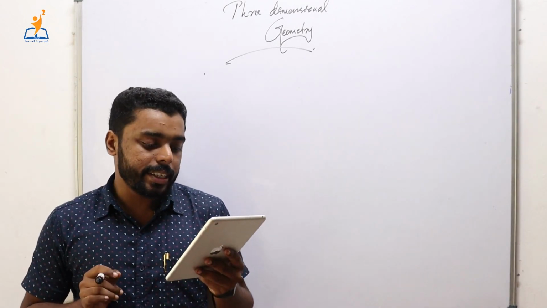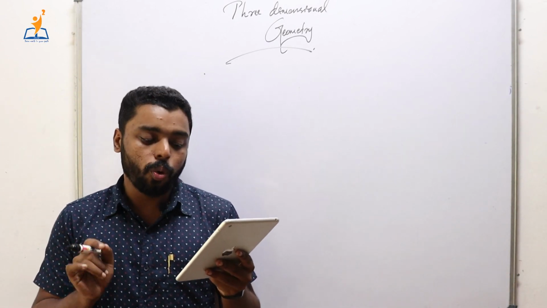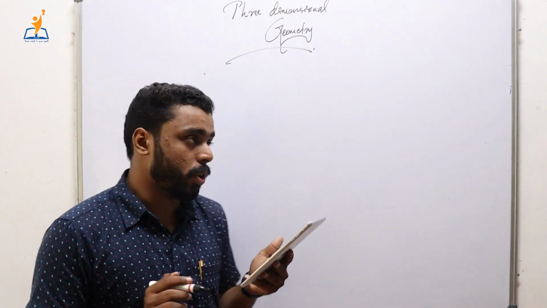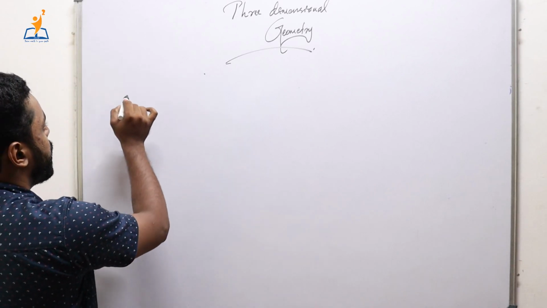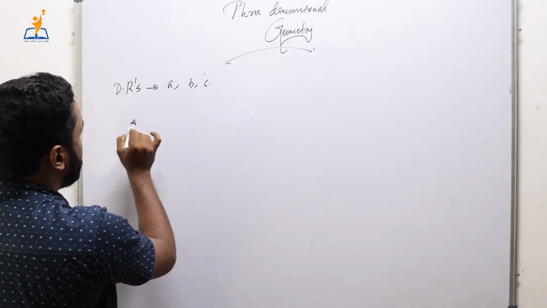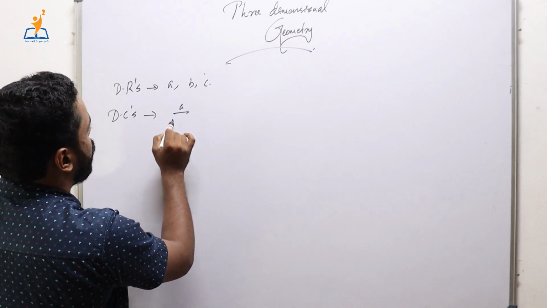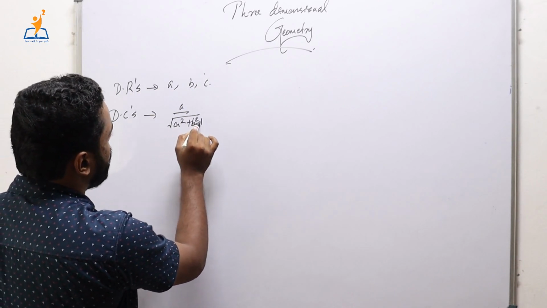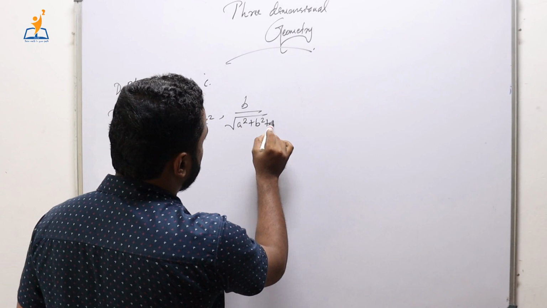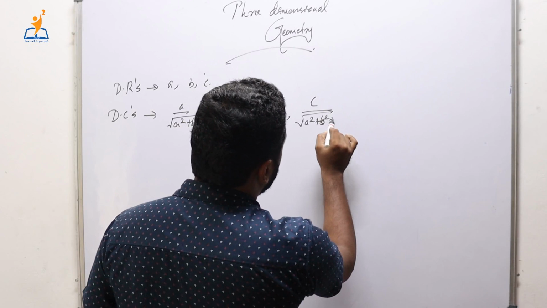Coming on to the second example, the example is that if a line has direction ratios 2, -1, -2, determine its direction cosines. We know that whenever we are given the direction ratios, let the direction ratios be A, B, C, then the direction cosines are given by the formula A by root of A square plus B square plus C square, B divided by square root of A square plus B square plus C square, C by square root of A square plus B square plus C square, right?